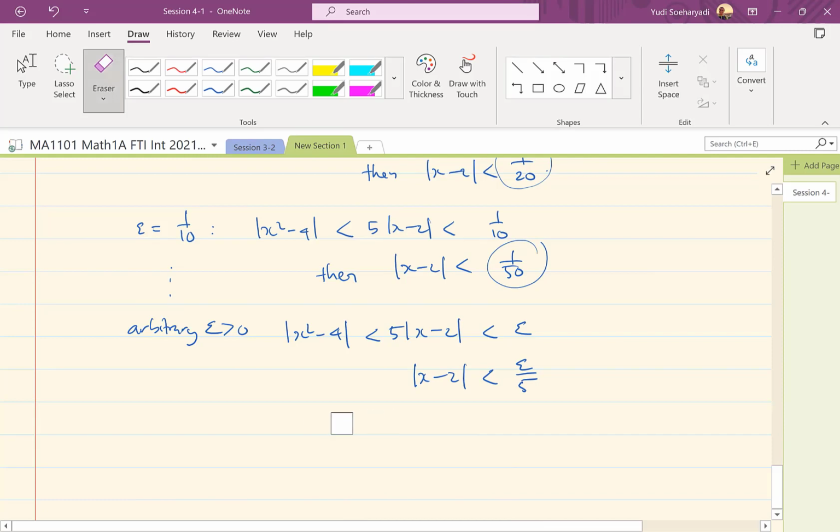Due to pre-assumptions, from here, pick the smaller one.